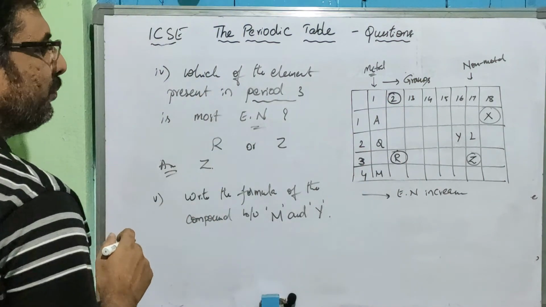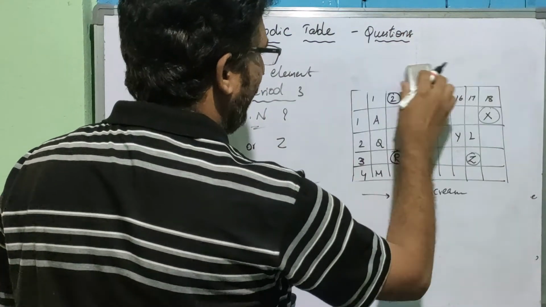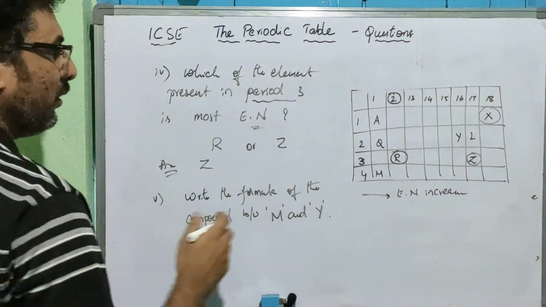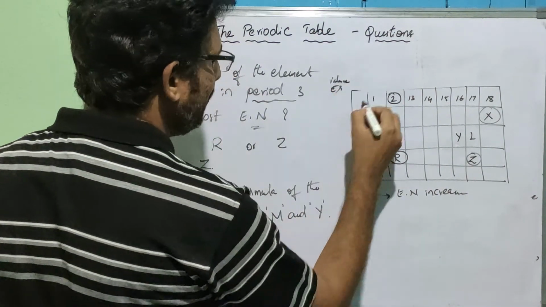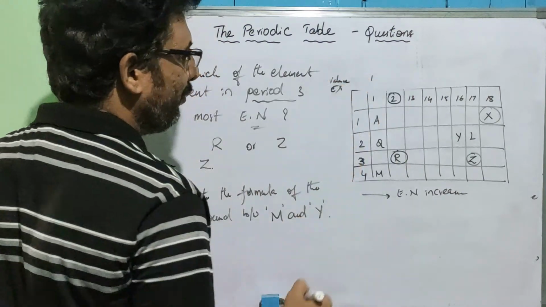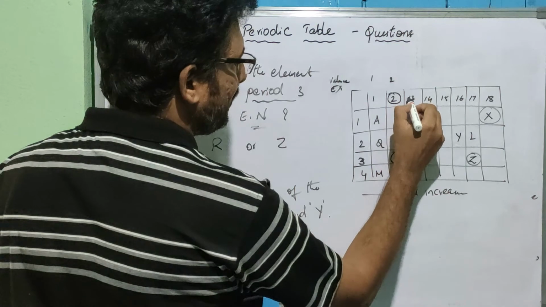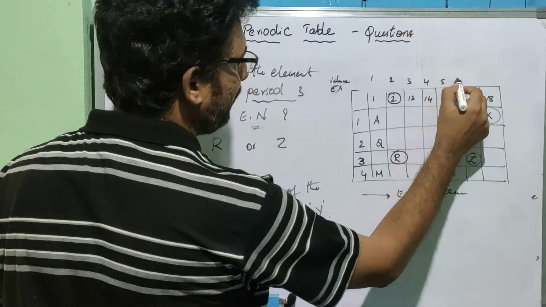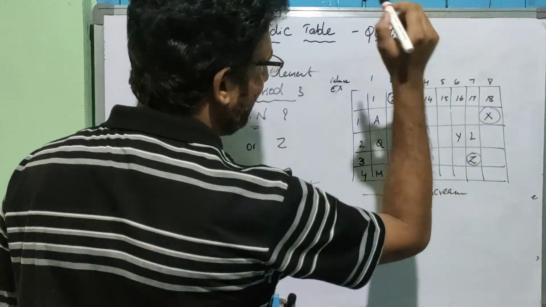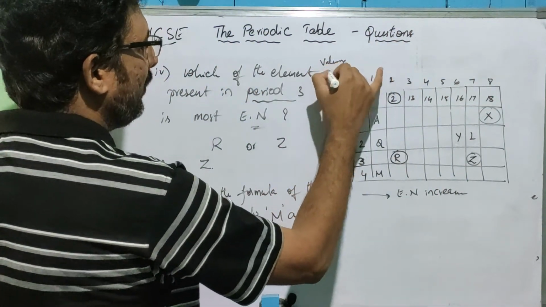The elements which are present in group 1 will be having one valence electron. Okay, so I'm writing the number of valence electrons. Group number 1 will be one valence electron, group 2 will be 2 valence electrons, group 13, nothing but 3A, will be 3 valence electrons, so it goes like 4, 5, 6, 7, 8 valence electrons. So from this you can write the valency.